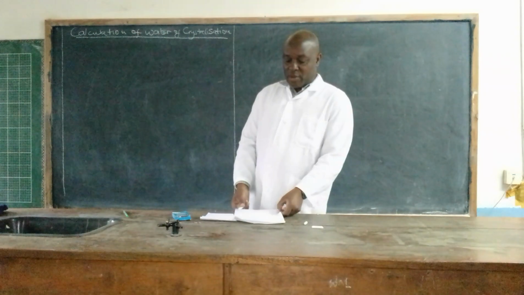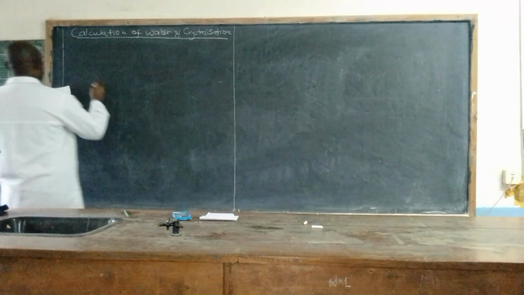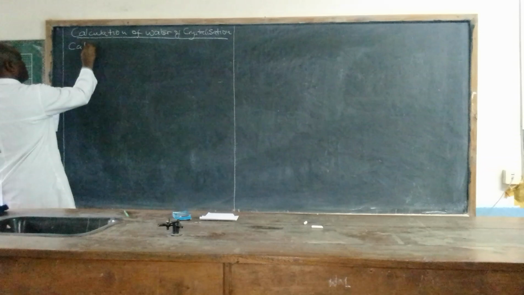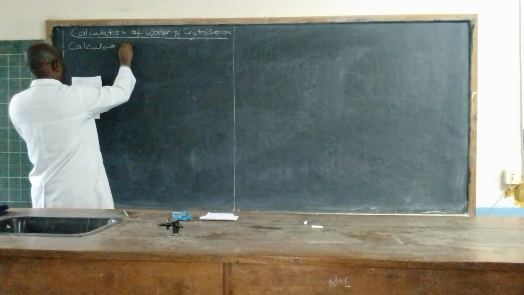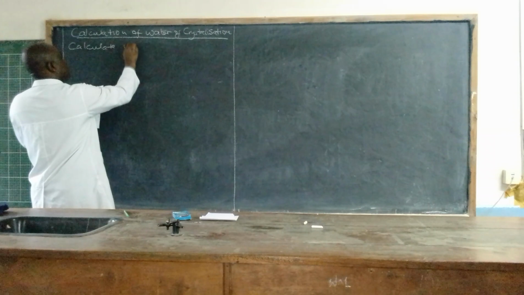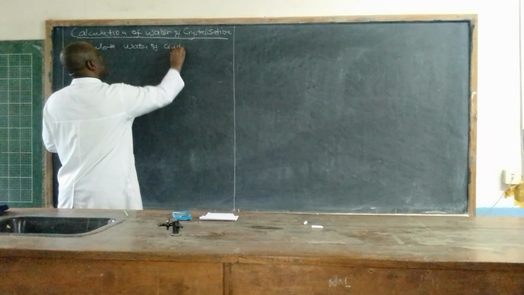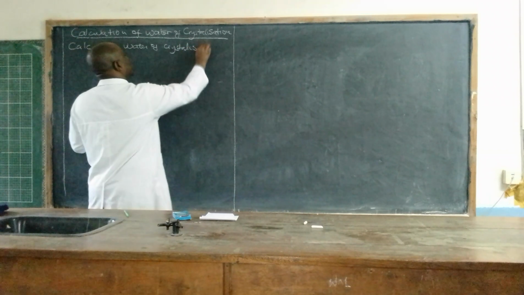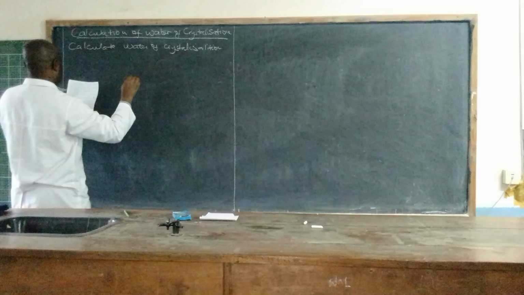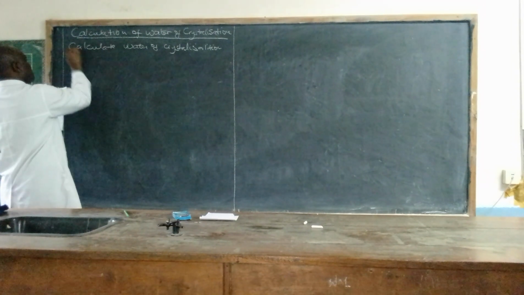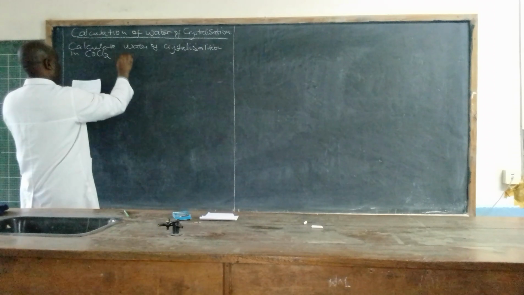So in this case, we are going to calculate the water of crystallization in cobalt chloride salts.